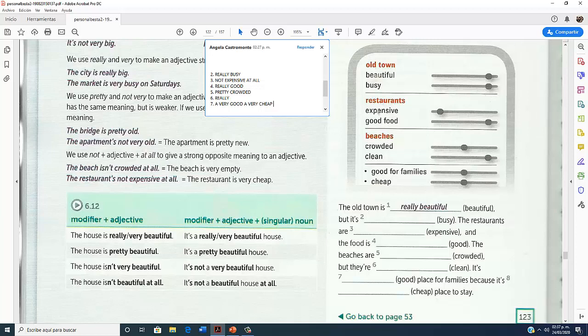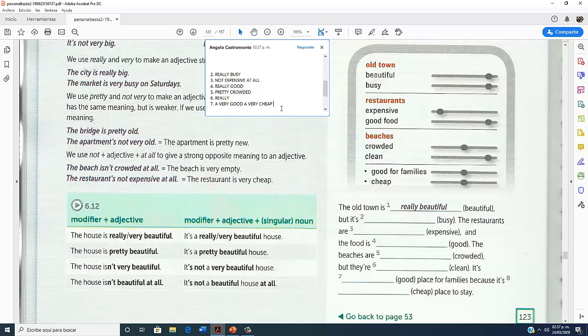Remember something. The use of these words like really, very, pretty, not at all, there's not necessarily a rule that says here you have to express. No. Remember, as I told you, they are going to depend on what you want to express. Esas palabras le dan intensidad, más intensidad o menos al adjetivo.